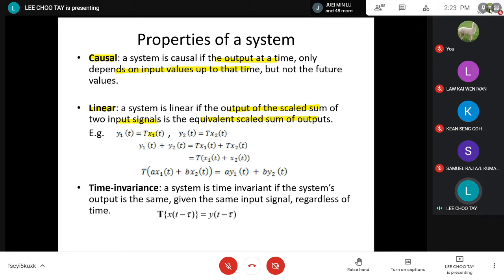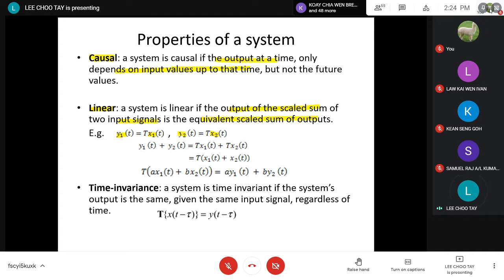After it goes through the system, it produces an output called y1. The system performs a transformation on the input and then produces an output y1. And I have another input called x2. The system will produce an output that I call y2.